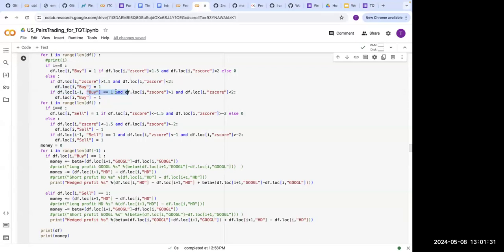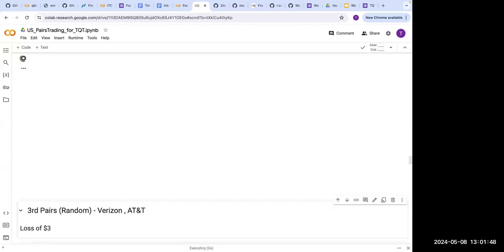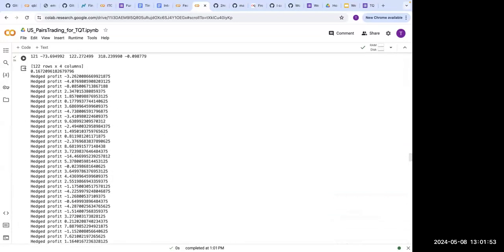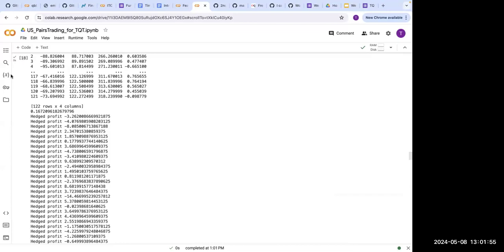Whenever you want to buy, you make that value 1, and in the simulations, whenever you see 1, you will invest in the one stock and sell the other stock. So this is happening in the code currently. If you run this, you will see how much at each transaction you are making or losing. At each transaction, you are buying one stock and selling one, right? That happens every time.